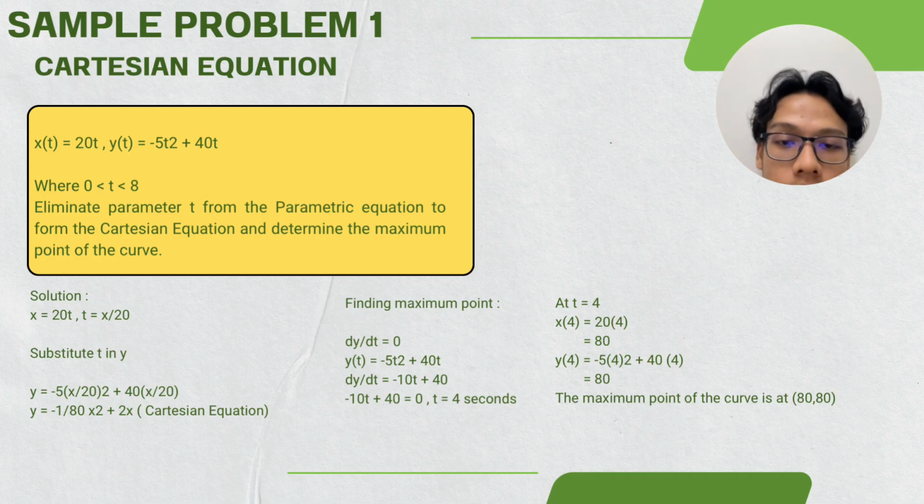We can determine the maximum point of the curve by setting the derivative of y equal to 0, which gives us t equal to 4 seconds. Substituting t equals 4 into the x and y equations, we get the maximum point of the curve at (80, 80).